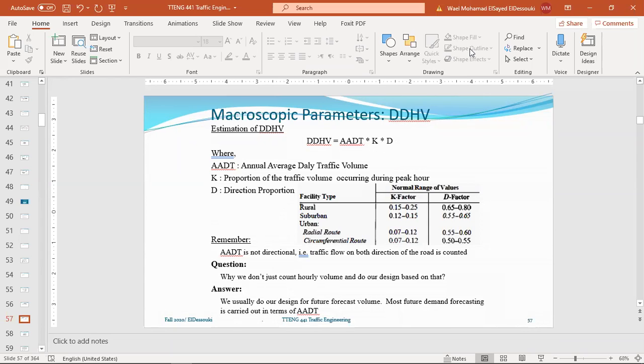By the way, these values are based on US data. Here we are in Saudi Arabia, so if we want to use these factors, we have to come up with our own. Usually this is derived by a subject matter expert, or someone who is an expert on the location of the facility.